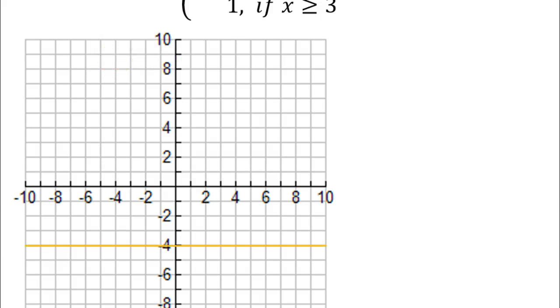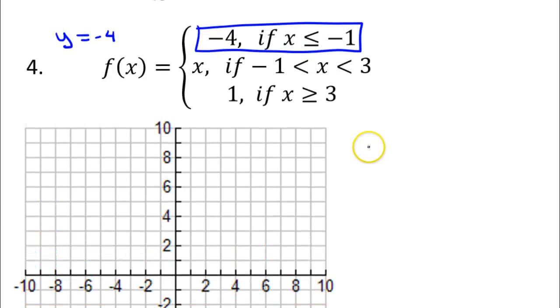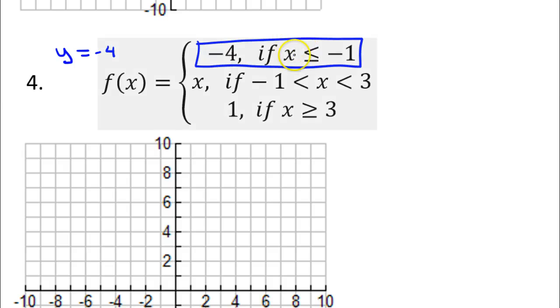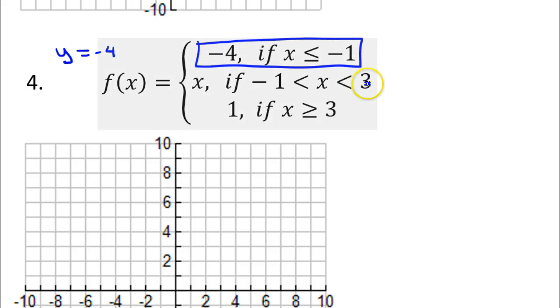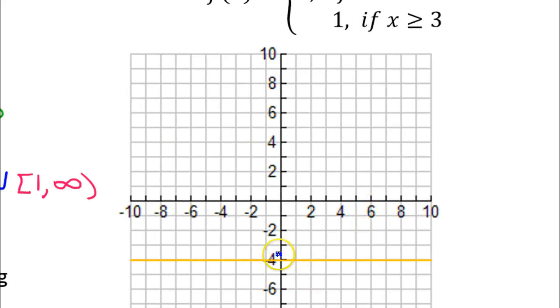However, we do not get to keep this entire line. We only get to keep the part that is less than or equal to -1. So we'll go to -1 and put a point. It'll be a closed circle because of the or equal to aspect of it. So let's go to -1 on this line. So here's -1 right here. Boom. So there's my closed circle.